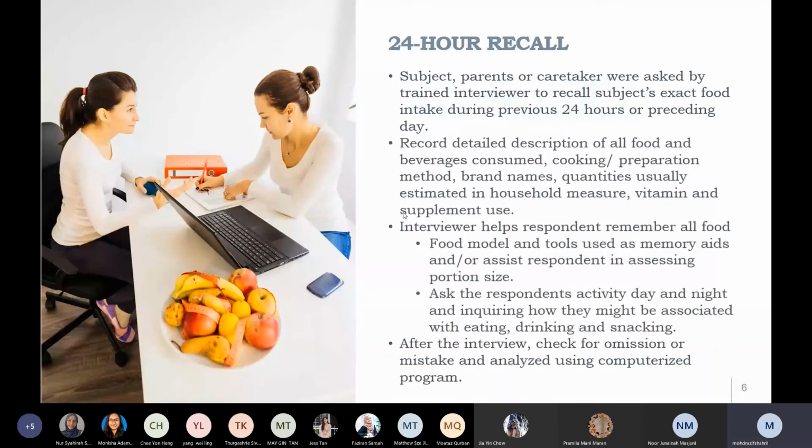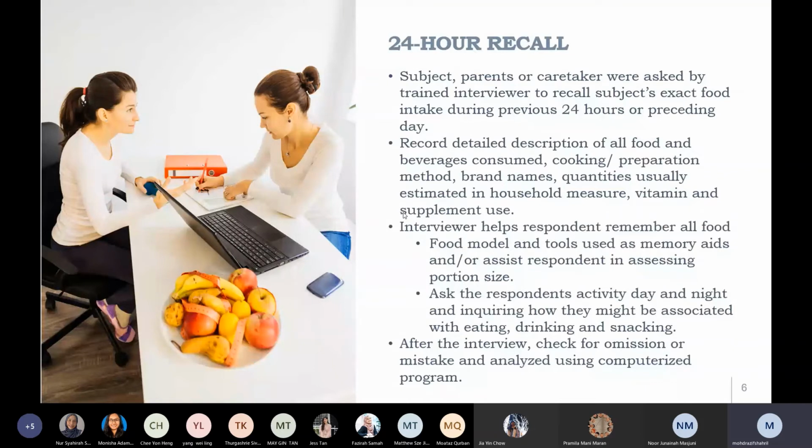Next, the 24-hour diet record. Those who have been practicing as a nutritionist or dietitian might have used this method a lot in our daily services. The 24-hour diet record is when the subjects, parents, or caretakers are asked by a trained interviewer, sometimes a nutritionist or dietitian, to recall the food intake during the previous 24 hours or preceding day.